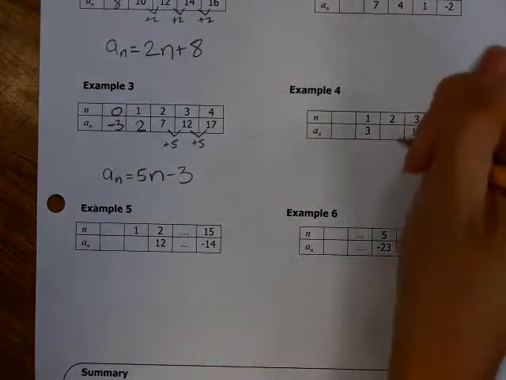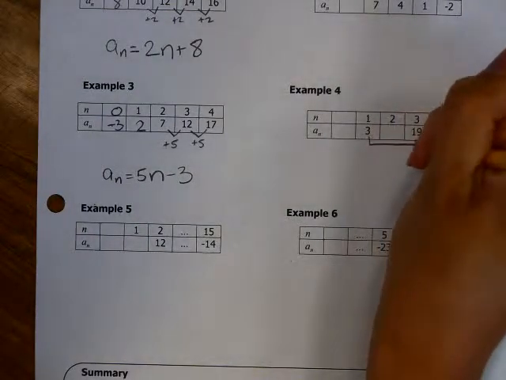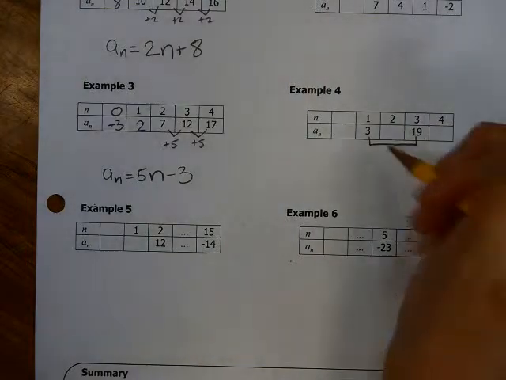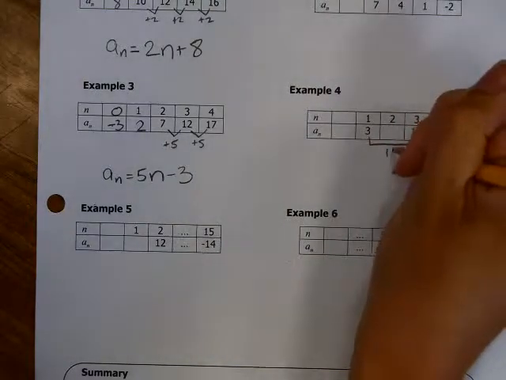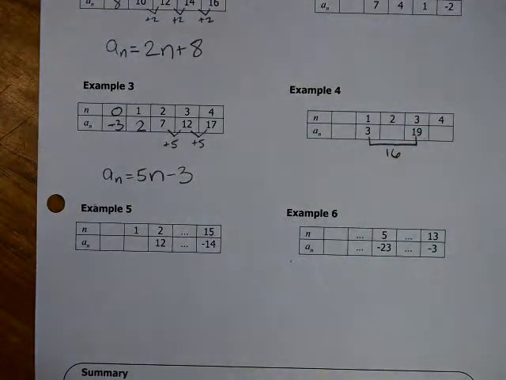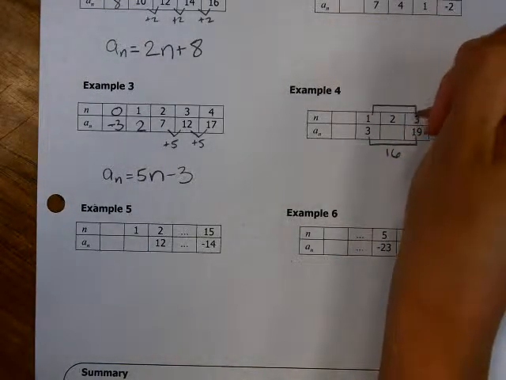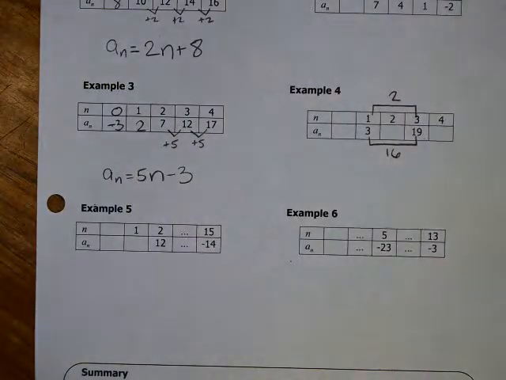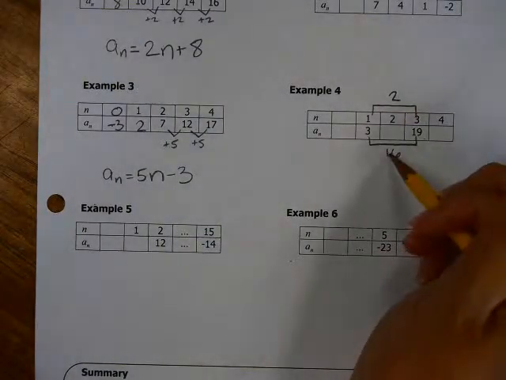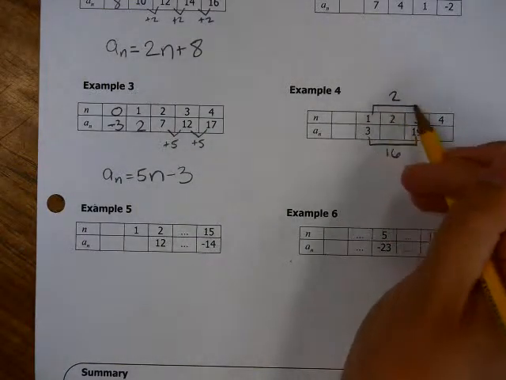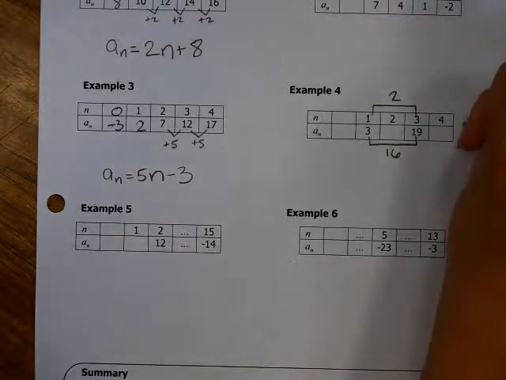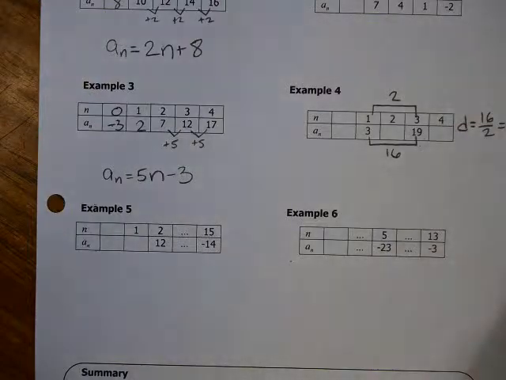Okay, so here we have 3 to 19. So our terms increase by 16 here. But from 1 to 3, it took us 2 spaces to do that. So we have to increase 16 numbers in 2 spaces. So you're telling me here that the common difference is 8.